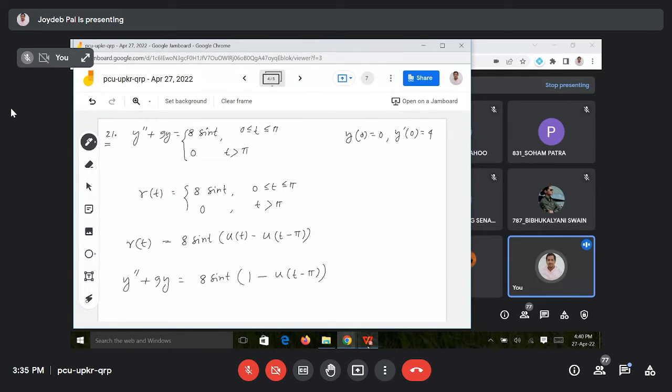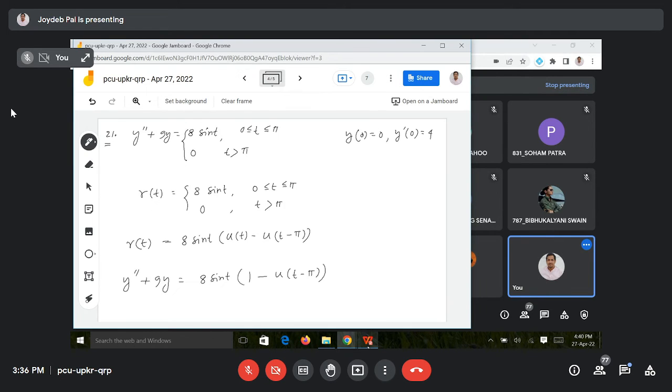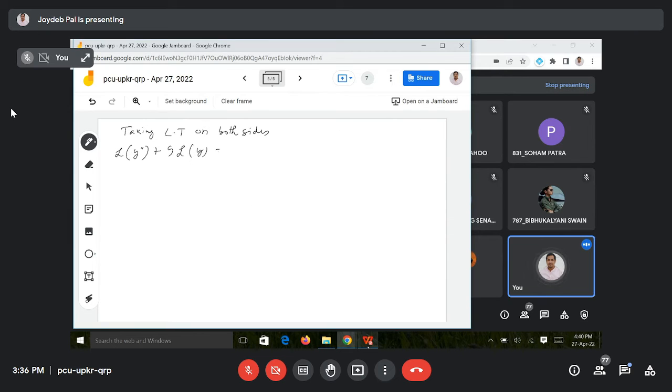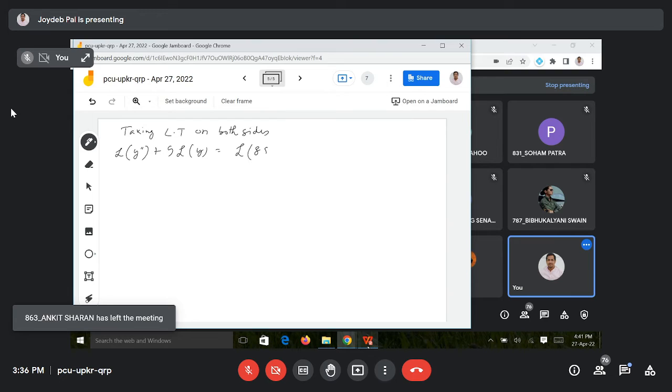So I am taking the Laplace transform over the ODE. So the Laplace transform of y double dash plus 9 times the Laplace transform of y is equal to the Laplace transform of, look, it has two parts, 8 sin t minus 8 sin t u(t minus pi). 8 sin t minus the Laplace transform of 8 sin t u(t minus pi).